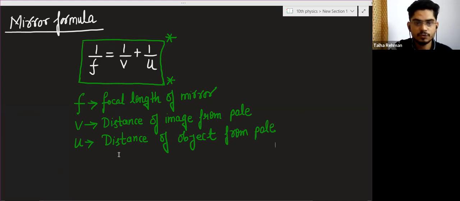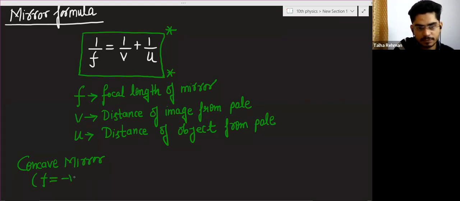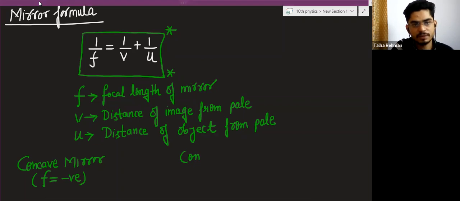And if you have a concave mirror, then your focal length will always be negative. If you have a convex mirror, we will discuss convex mirror later.